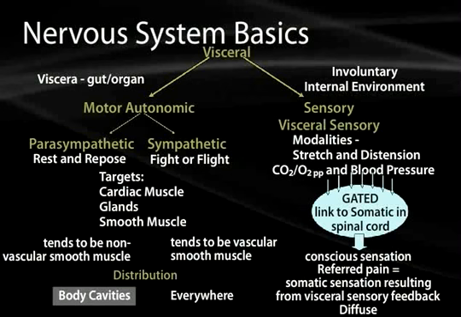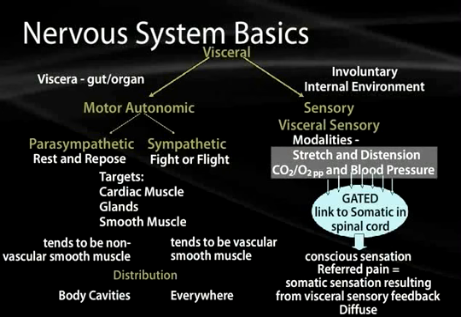On the sensory side, they have different modalities than the somatic system. In the sensory or the visceral afferents, they pick up stretch and distension, carbon dioxide or oxygen partial pressures, or blood pressures. Therefore, they are not the same pinpointable system as you have in the somatic areas.